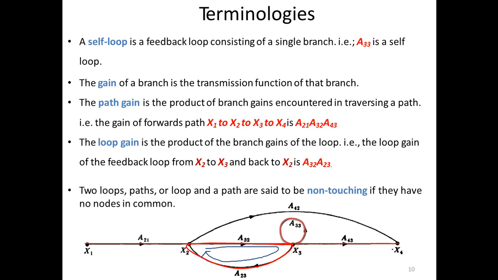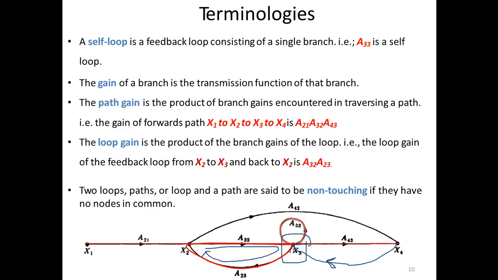And let's say there is a loop, and this loop is something like this, from this x4 to x3 as well. Let's say this is another loop. So these two will be said non-touching if they do not have any common node, but in this case they have a common node, that is x3. So they are not non-touching, they are touching loops.